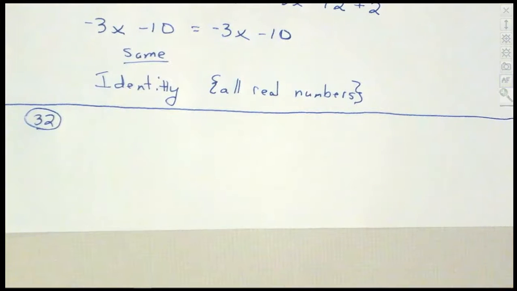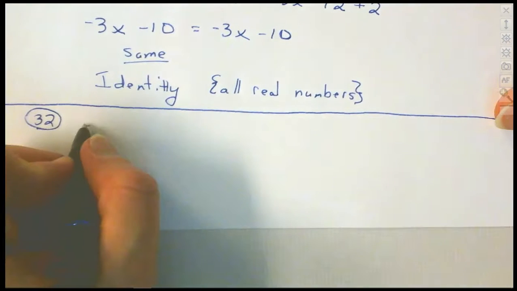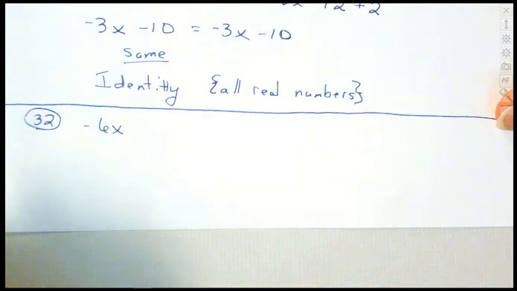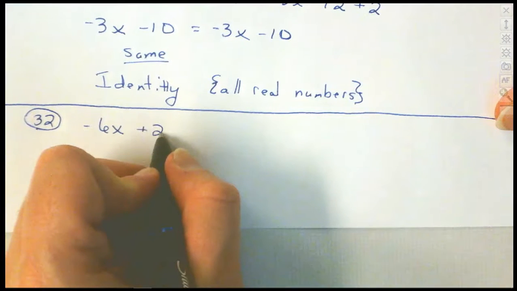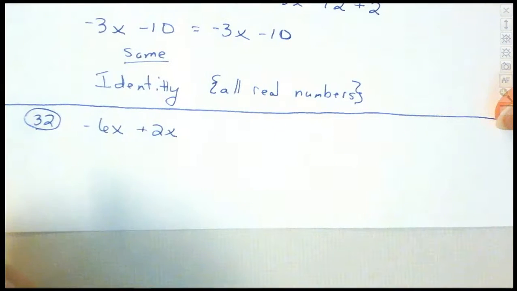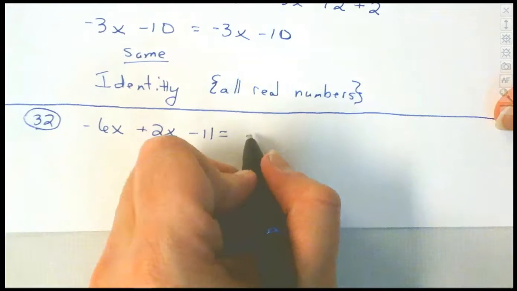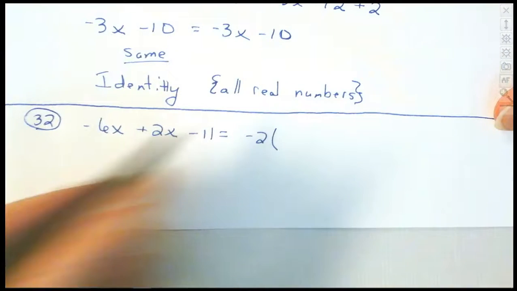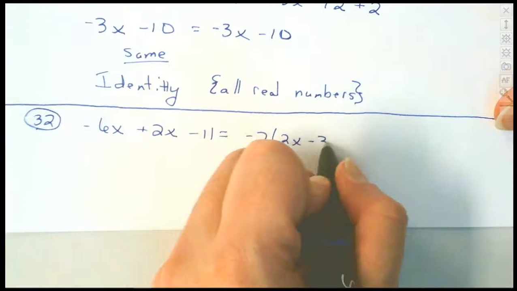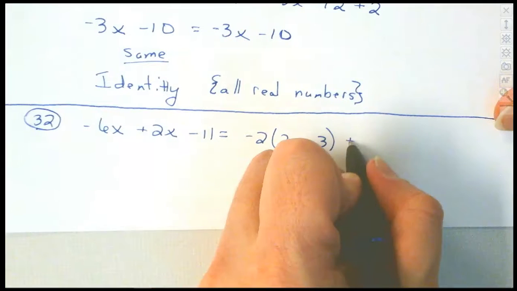Okay, so question 32. You've got a minus 6x plus 2x minus 11, and that now equals a minus 2 times 2x minus 3 plus 4.